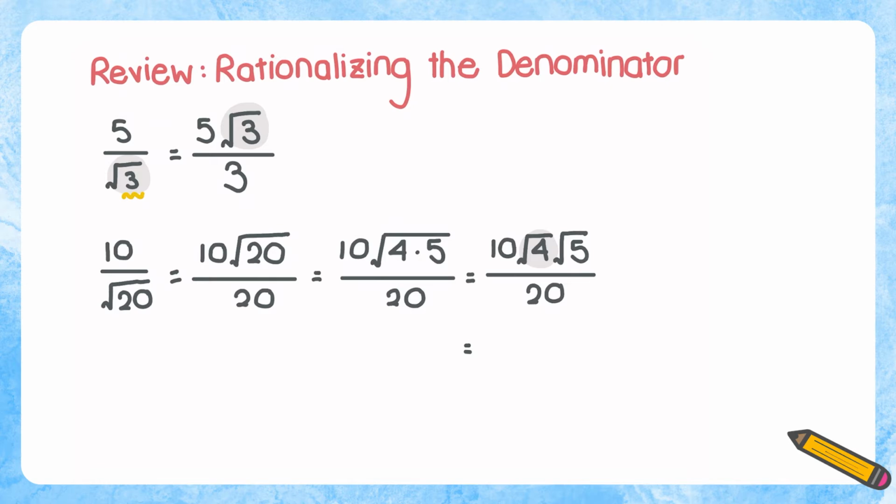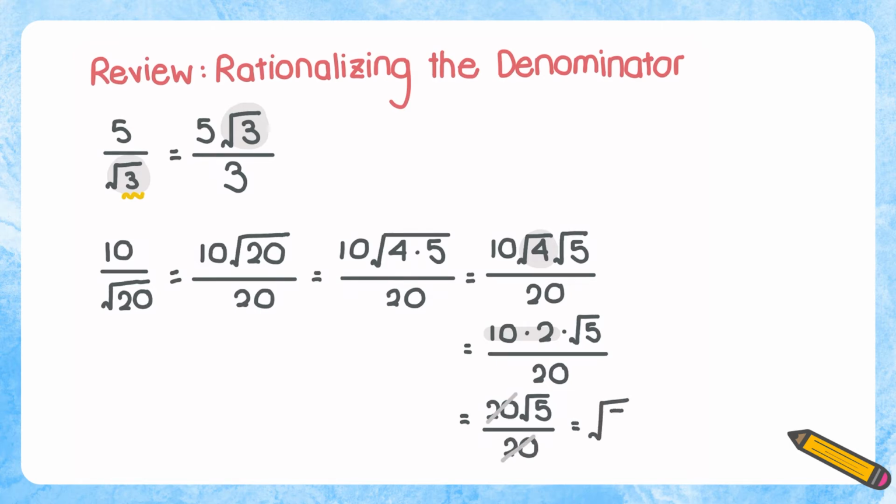So I can still continue to simplify this. 10 times 2 times radical 5, still over 20. And I know that 10 times 2 equals 20, so we have 20 times radical 5 over 20, but we can cancel out the 20 both in the numerator and denominator to simplify to radical 5.